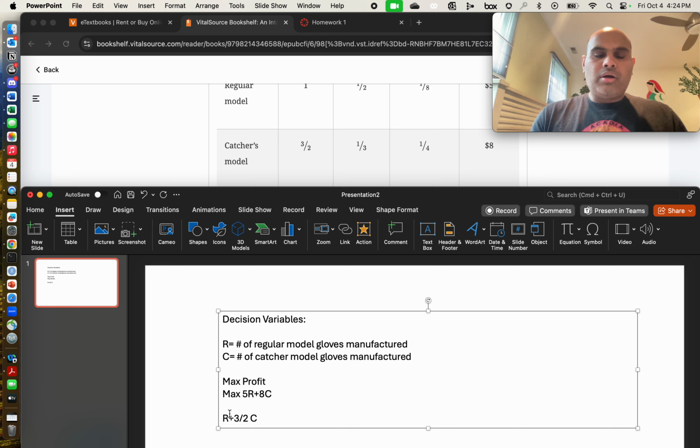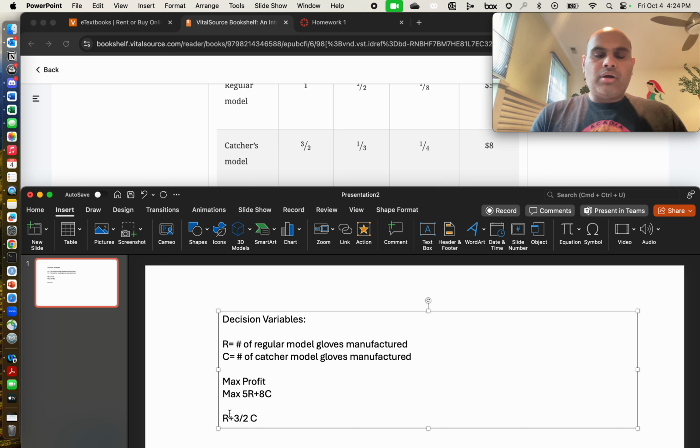And then next is cutting and sewing is 900, right? And then 300, then 100, right? And finishing is a half hour for a regular glove and 1/3 hour for a catcher's glove. So it's half R plus 1/3 C is less than or equal to 300.